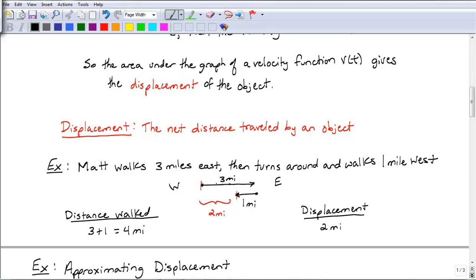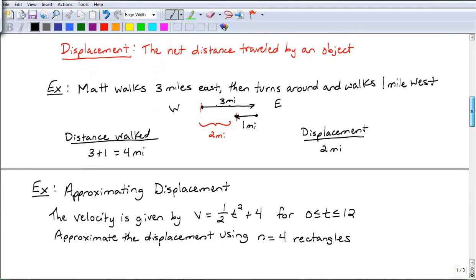Matt walked 3 miles plus 1 mile back for a total of 4 miles. But the displacement is how far he actually moved from his original spot. He only moved 2 miles from his original spot, so the displacement is 2 miles. That's how much the place has been moved. But the distance is 4 miles because that's how many miles he actually walked to get there.